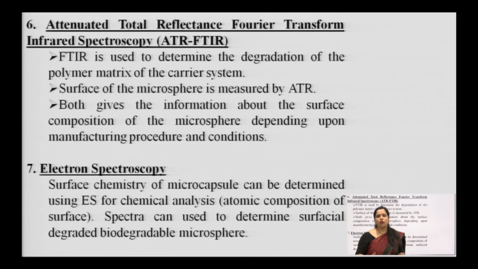So, you are getting information on the polymer surface only, depending on the manufacturing procedure and conditions. So, this is how you can measure your surface environment and the surface characteristics using ATR FTIR.